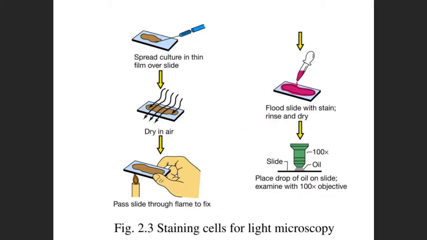Now, to improve the light microscope, the first thing people did was to use staining. Because if the bacteria is stained, then it's different from the environment. Your ability to see things on the slide depends on the contrast between the sample and its environment.